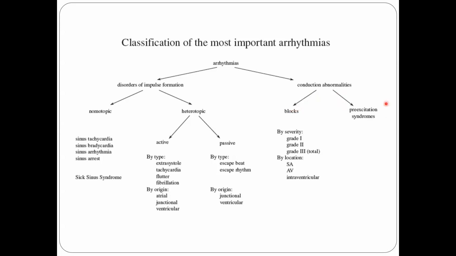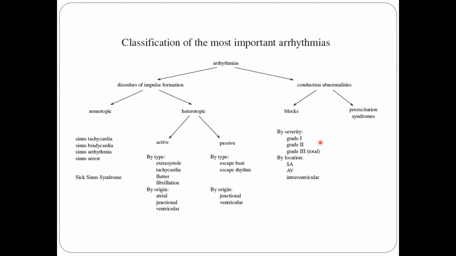And in other cases, when we have a faster conduction, usually there are accessory pathways, and that gives us what is called pre-excitation syndrome. But first, let's look at what we call a block or conduction abnormality. Generally, based on the severity of the block, we talk about first degree, second degree, or complete block, which is called third degree block.